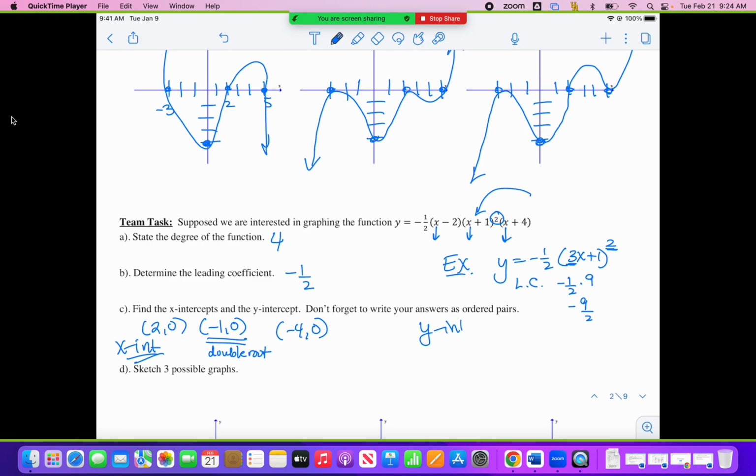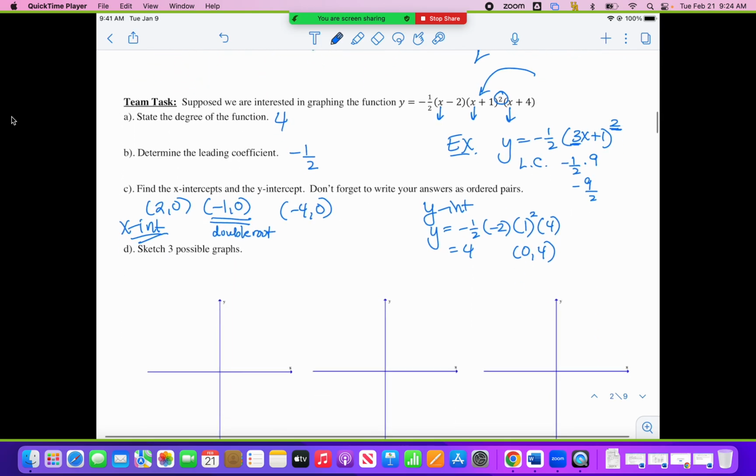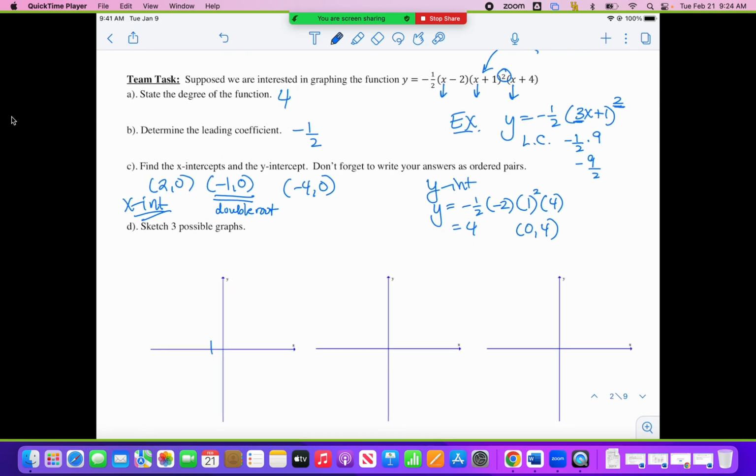So these are the x-intercepts. Now my y-intercept, I'm going to let the x be 0. Did you get 4? So that's (0, 4). Now, at the -1, I now understand that that's a bounce off.